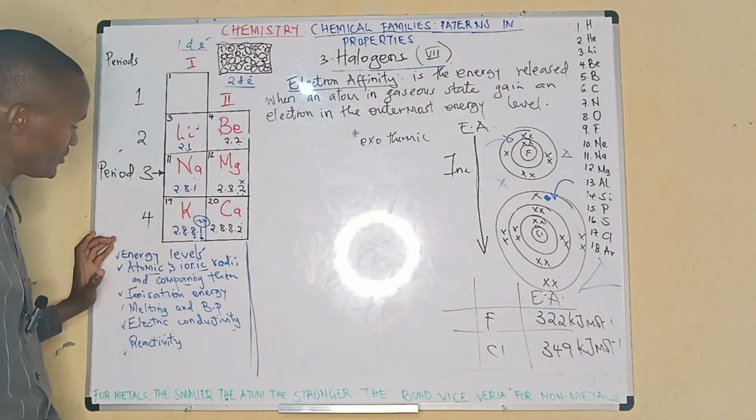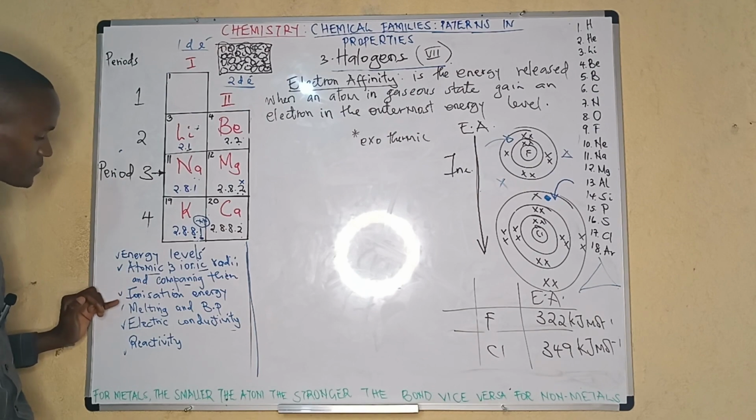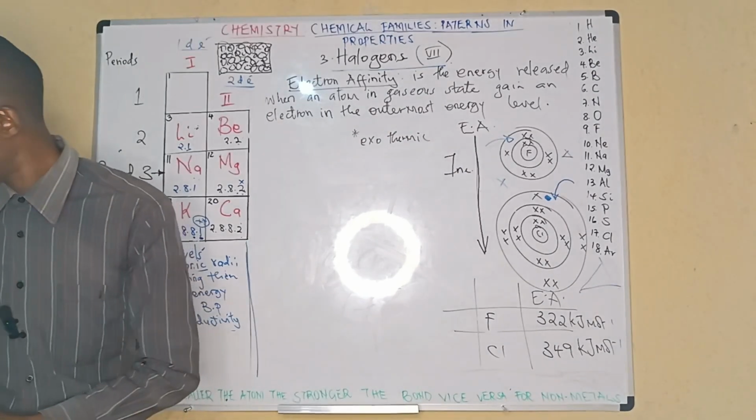So we have gone through energy levels, atomic and ionic radius and their comparison, and electron affinity. Let us talk of melting and boiling points.